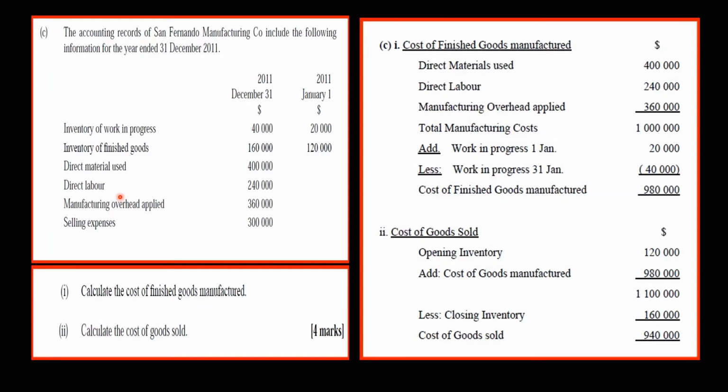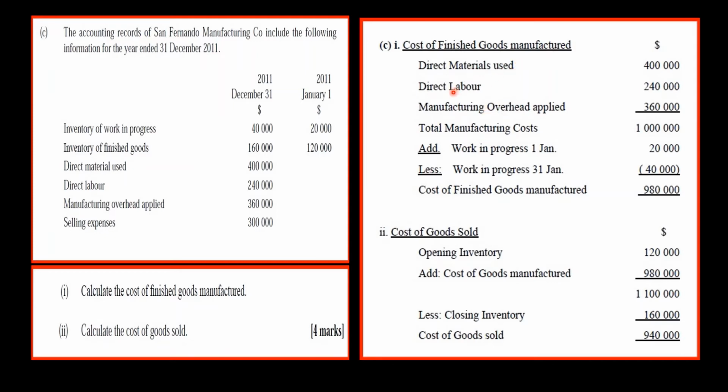For instance, here we have the cost of raw material used, the direct labor, and the overheads. These represent three sections in the manufacturing account. Then we have the work in progress and the finished goods, selling expenses. Okay, so we just need to arrange them and add them.